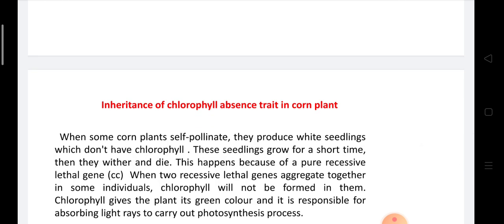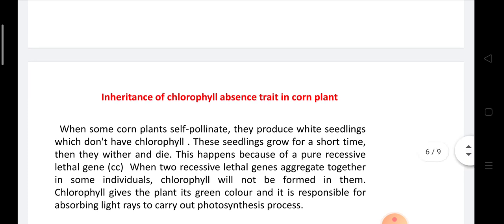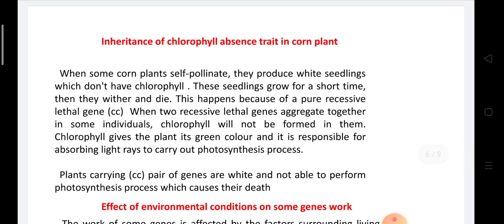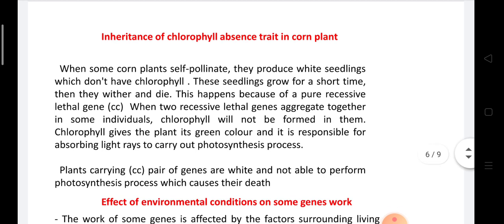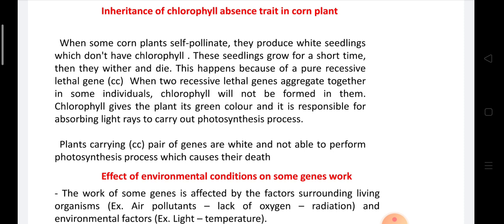Inheritance of chlorophyll absence trait in corn plant. In this type, when the genes responsible for chlorophyll production appear in recessive state like C small, C small, that will be the reason for inability of production of chlorophyll pigment inside the plant, and this leads to the death of the plant due to inability to perform the photosynthesis process.